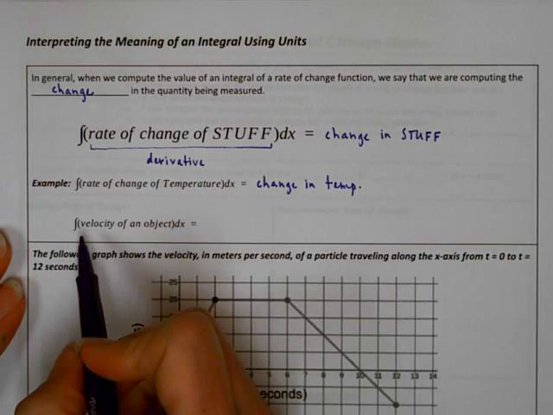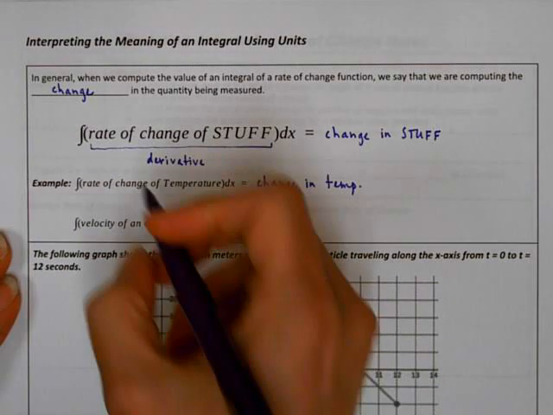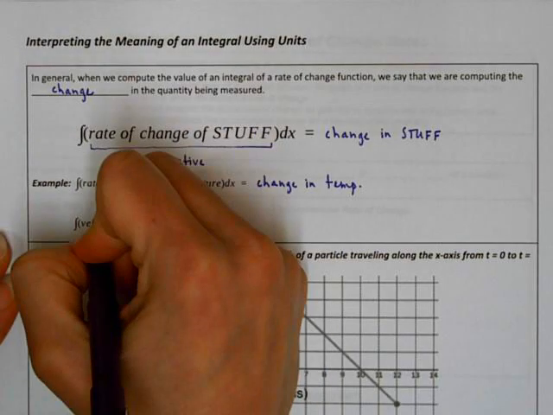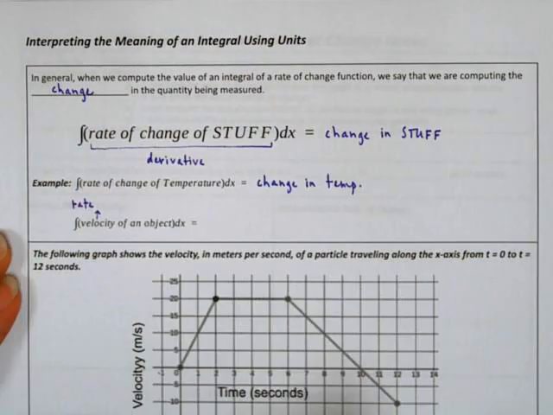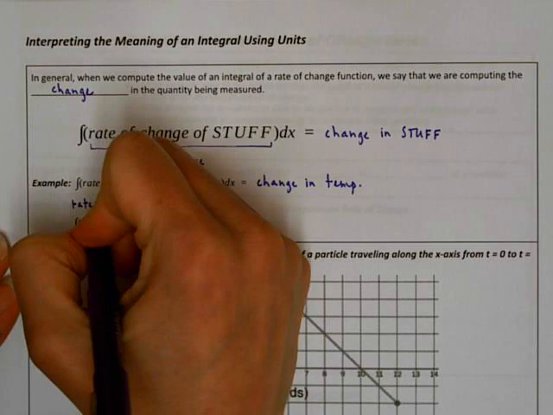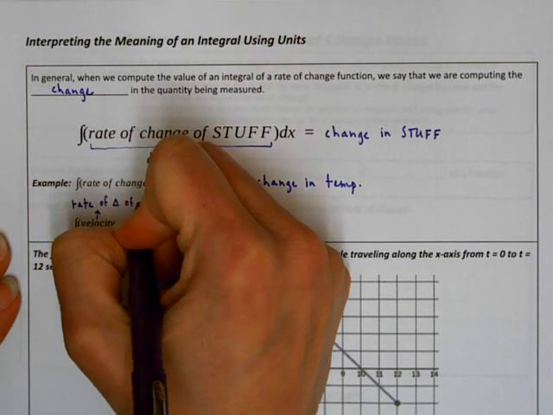Now we have to be careful here when we're integrating the velocity of an object. What we have to remember here is that the velocity is the derivative of position. So velocity really gives me the rate of change of position.